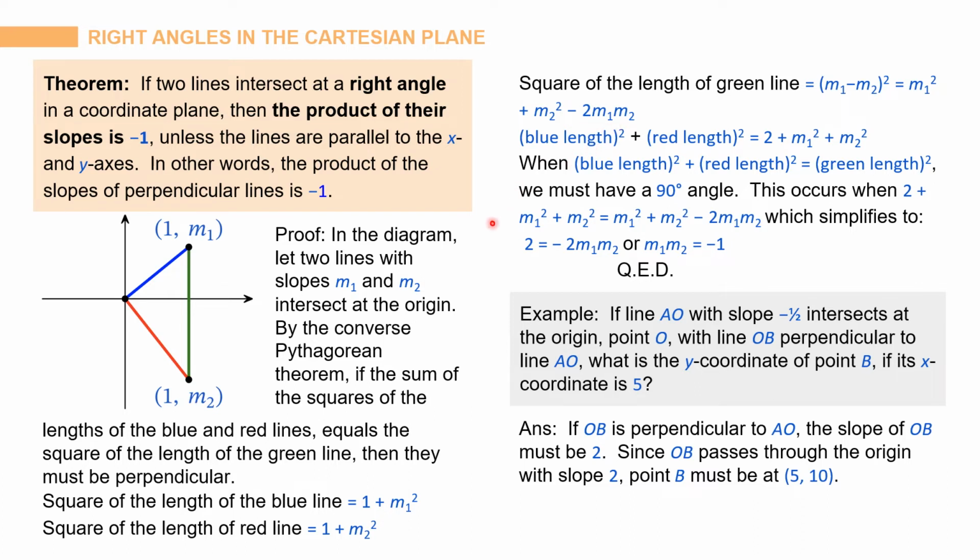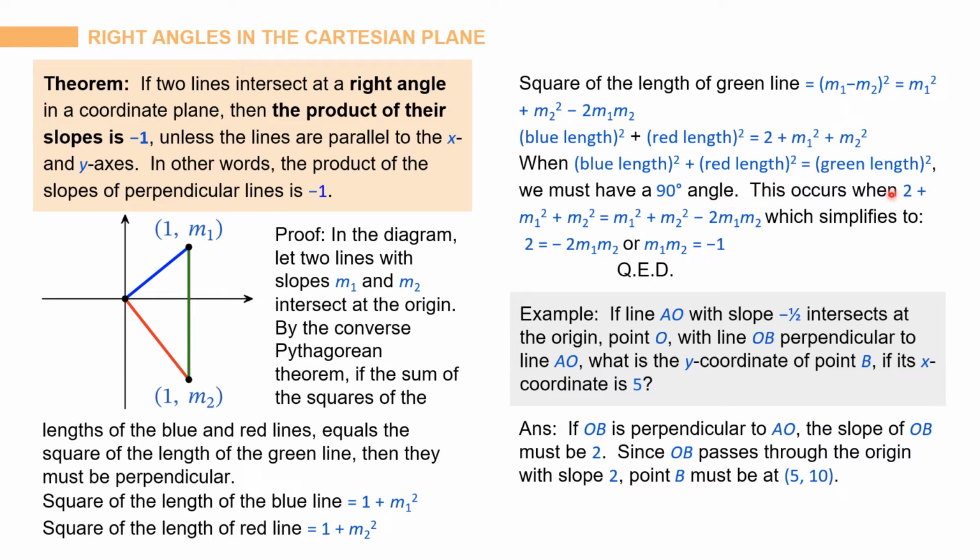Now the blue length squared plus the red length squared, we calculated above; adding these two together, we get 2 plus m1 squared plus m2 squared. So when the blue length squared plus the red length squared equals the green length squared, these lengths obey the Pythagorean relationship, and by the converse Pythagorean theorem, we must have a right angle.